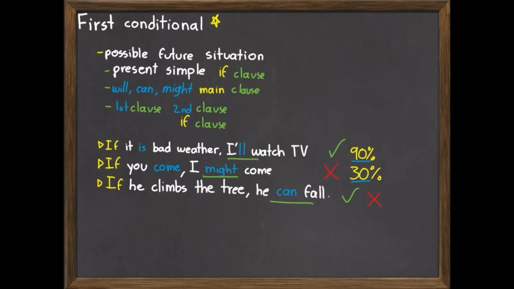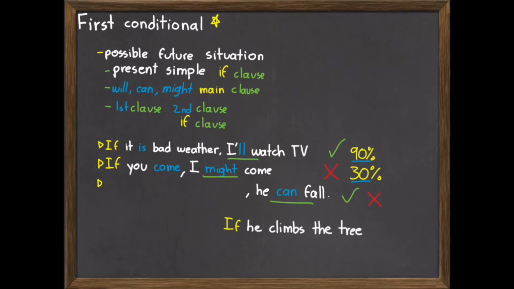Now remember that we can move the if clause in the sentence. It could be the first or the second clause in the sentence. In this example, if he climbs the tree, he can fall. We could also change it like this.